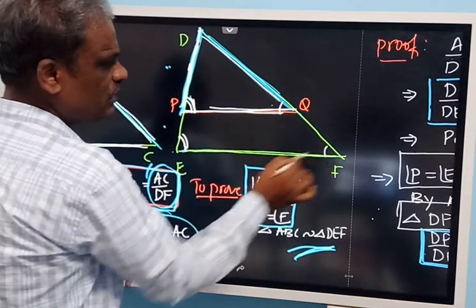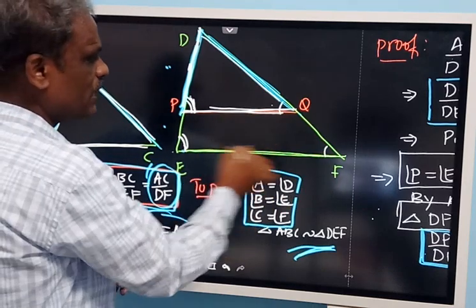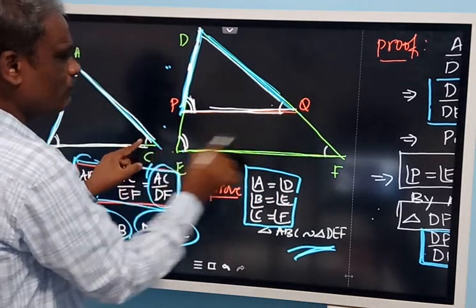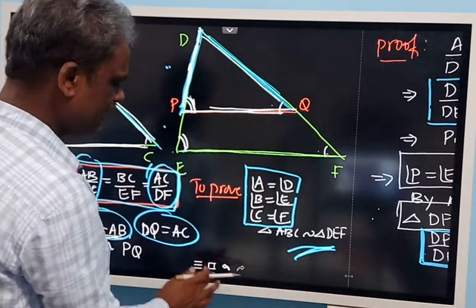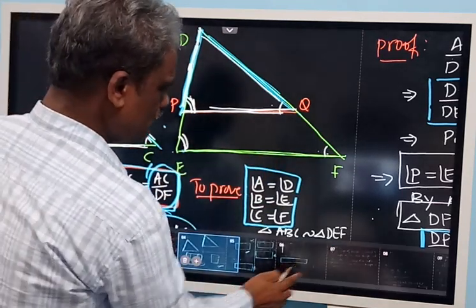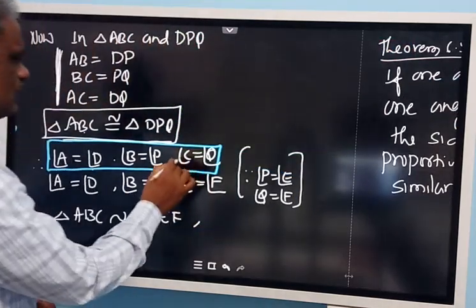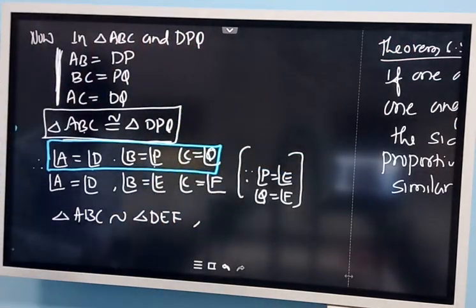But Q is equal to F because this is a parallel line. So in place of Q I can write F. Therefore it becomes C is equal to F.